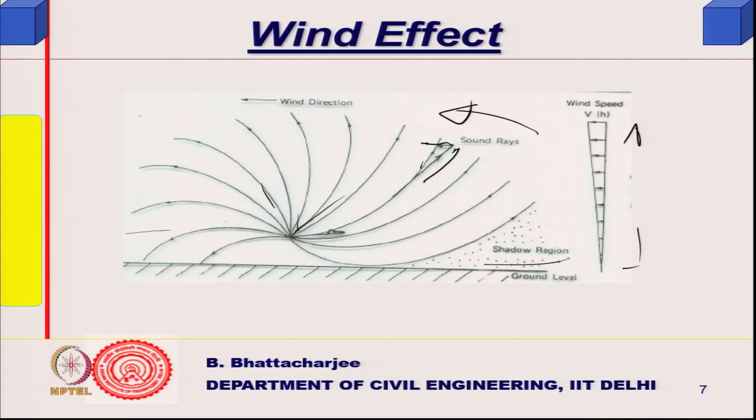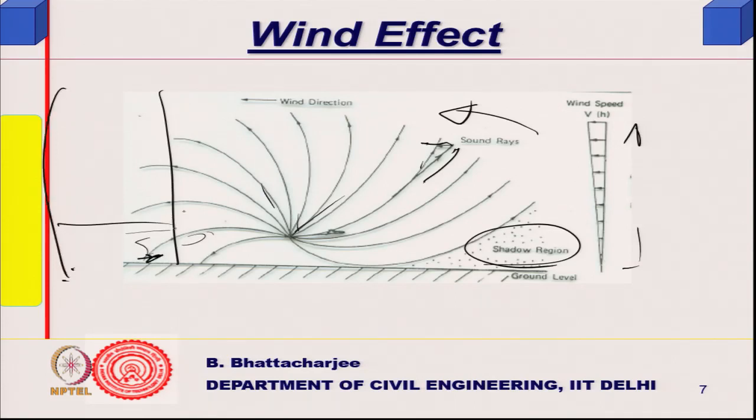As a result, you will get a shadow region in the windward direction of the source and somewhat amplified, or more, sound on the leeward side of the source. So, if your building is somewhere there, you might find that the noise level here is higher than the noise level there for a tall building, depending upon the height, because if it is not very tall, then this effect will not be very significant. So, that is what it is.